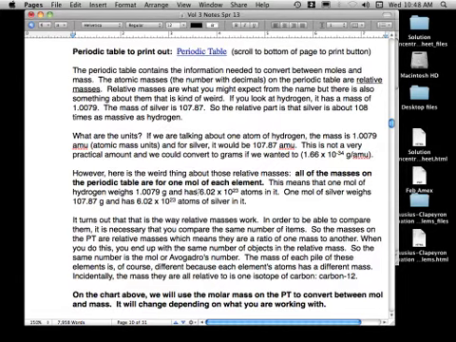If I want to talk about just one nickel atom, then the mass of a nickel atom in a different unit would be 58.69, and here it is, atomic mass units. If you wanted to take that number for nickel and convert it to grams, this would be your conversion factor. We really don't do that very much.